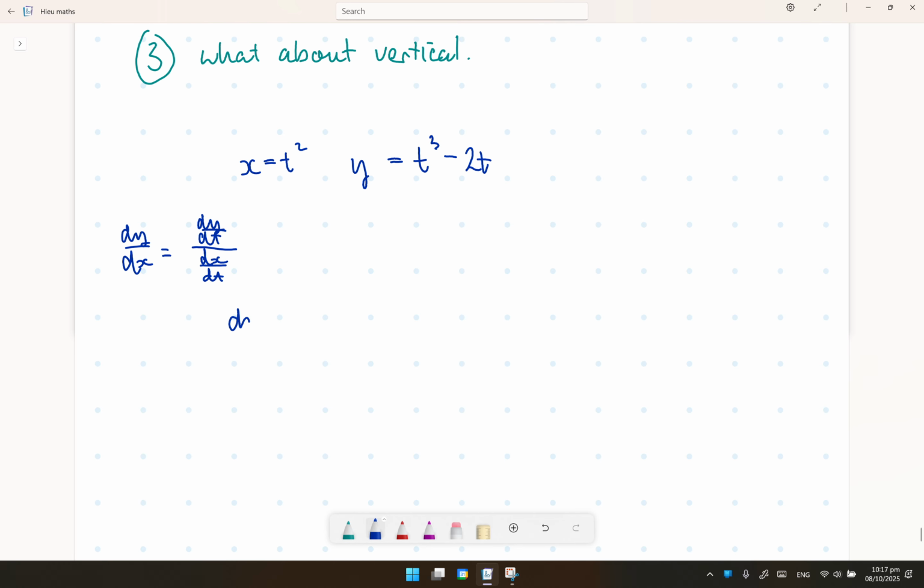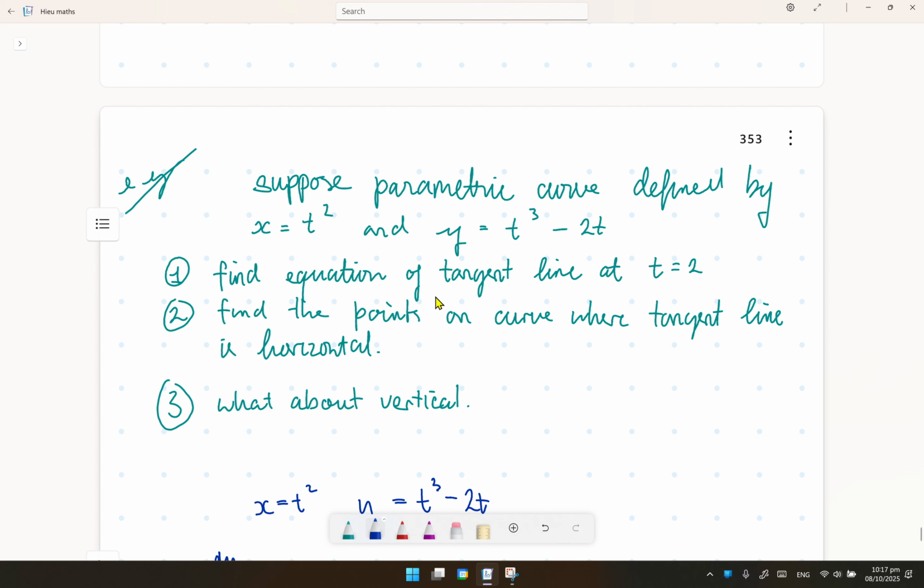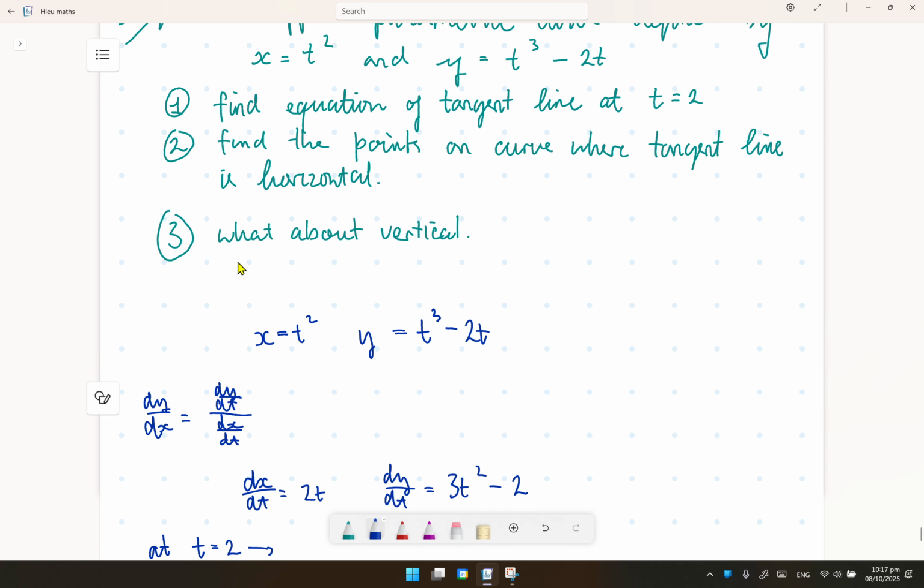So let's try to find dx over dt and dy over dt first. dx over dt is equal to 2t, and dy over dt is equal to 3t squared minus 2. And therefore, at t equals 2, because remember, what we're trying to find is the tangent line at t equals 2, we're trying to find the gradient of that tangent line.